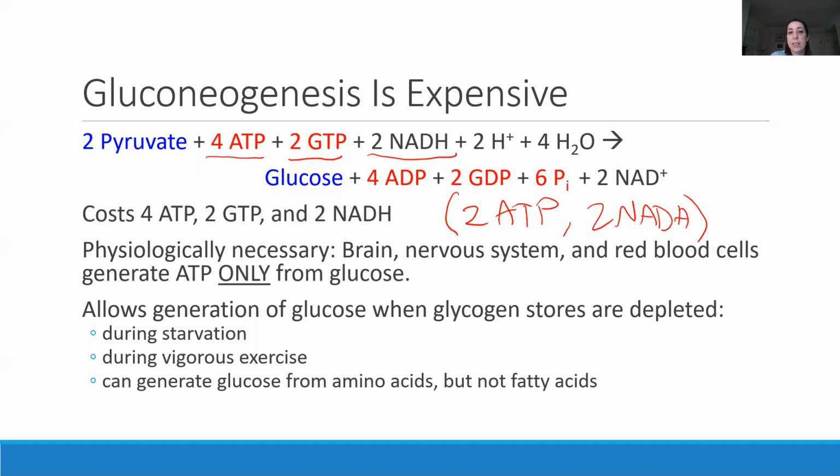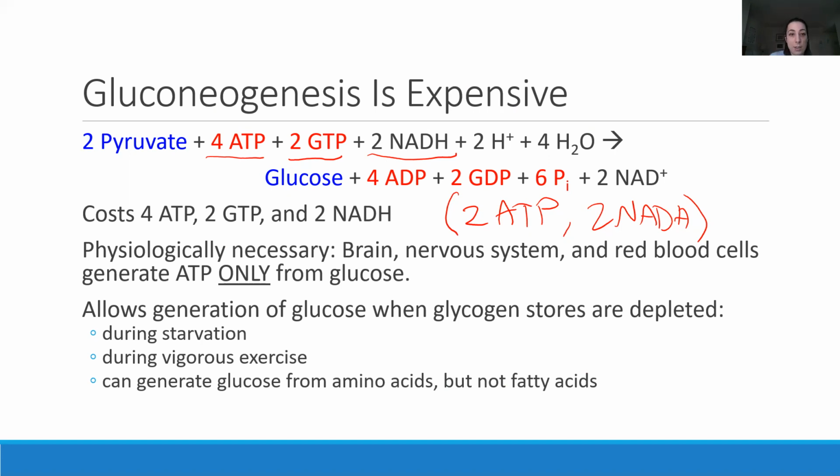So in cases in the brain, nervous system, or red blood cells, these are going to generate ATP only from glucose. These areas thus are going to need glucose. And in cases where they are completely depleted of glucose, for example, starvation, vigorous exercise, they can't get ATP from any other source.